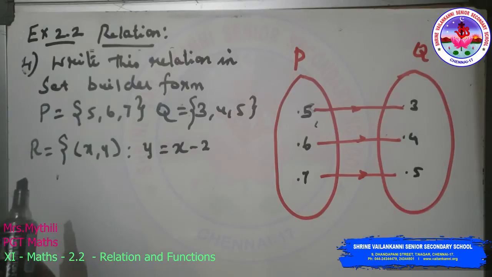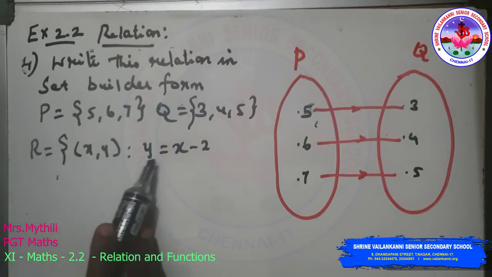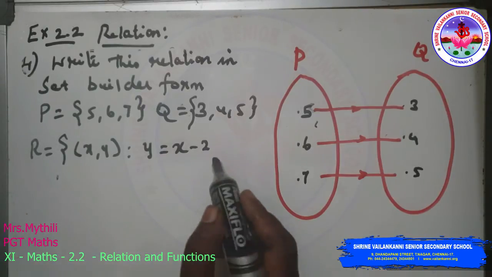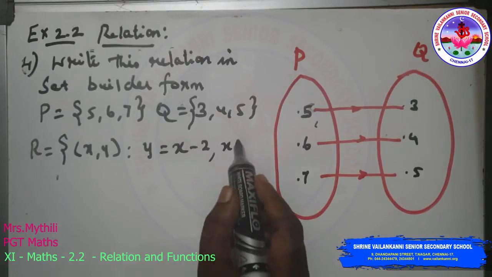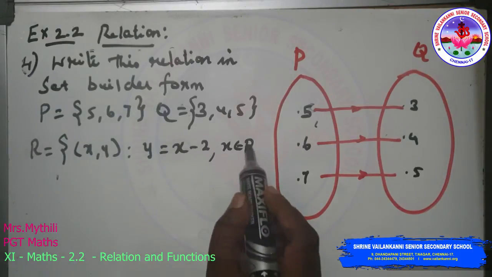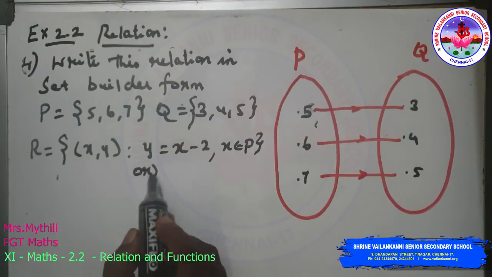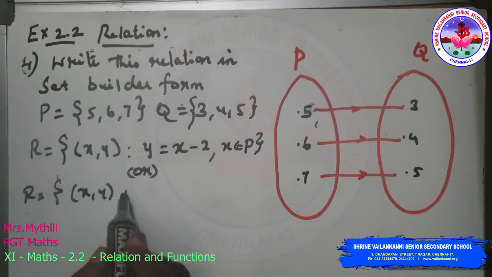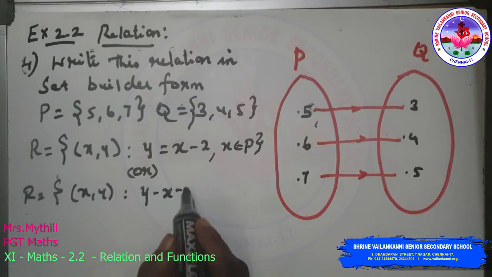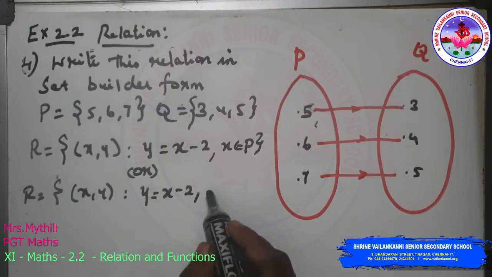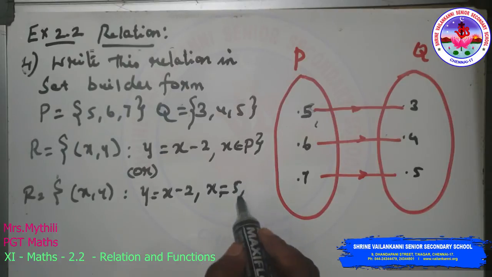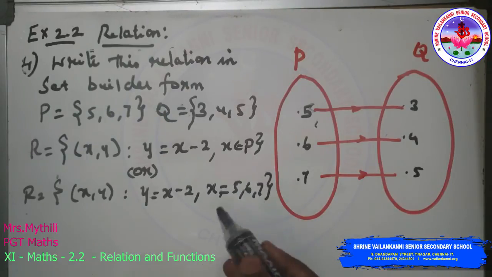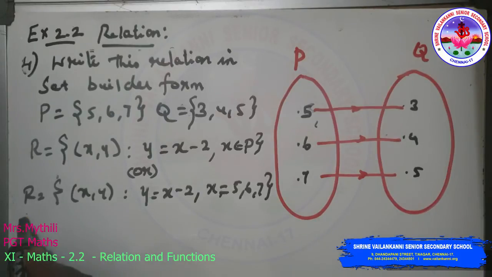So we can write this relation in set builder form as R = {(x, y): y = x minus 2, where x belongs to set P}. Otherwise we can write this as R = {(x, y): y = x minus 2, x takes values 5, 6, 7}. We can write it either way. Then we have to write this relation in roster form.